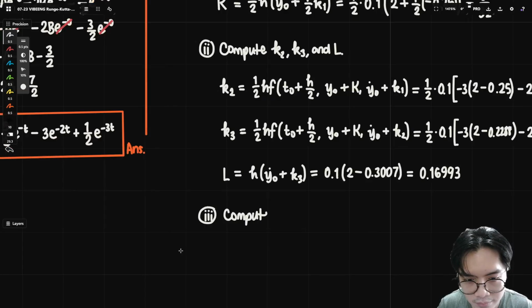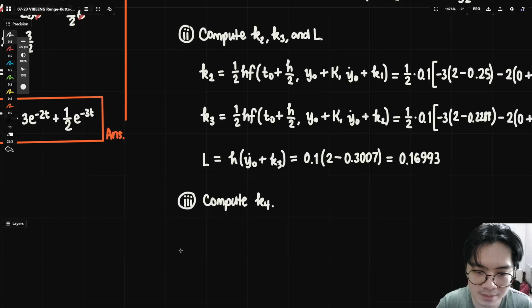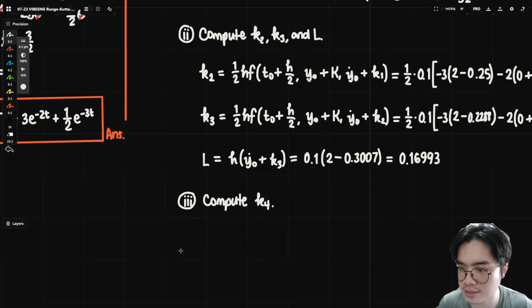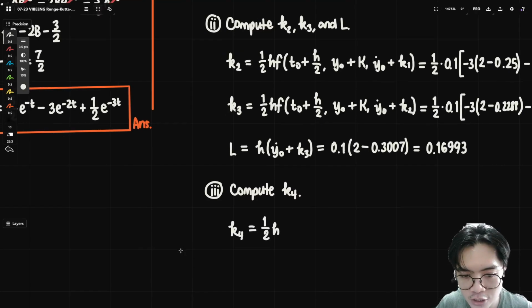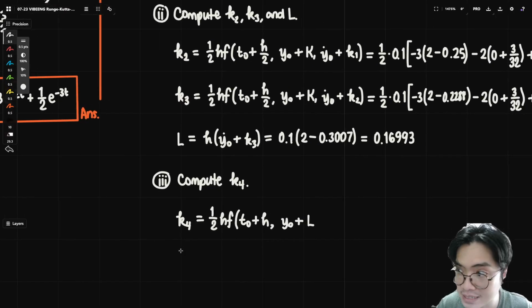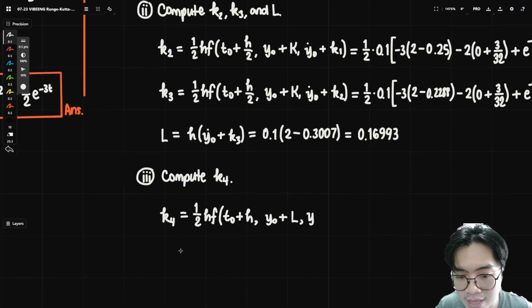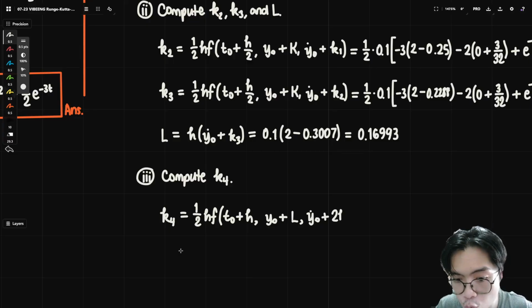And then, finally, we compute K4, because after this we will add up all of our different displacements, all of our different changes, for the next iteration. K4 will be 1/2 HF. Now, instead of a half step, we go with a full step. Instead of Y0 plus K, we go with Y0 plus L. And instead of Y0 dot plus K2 or K3, we go with 2K3.